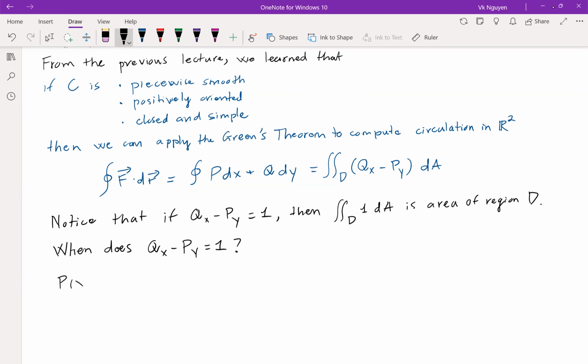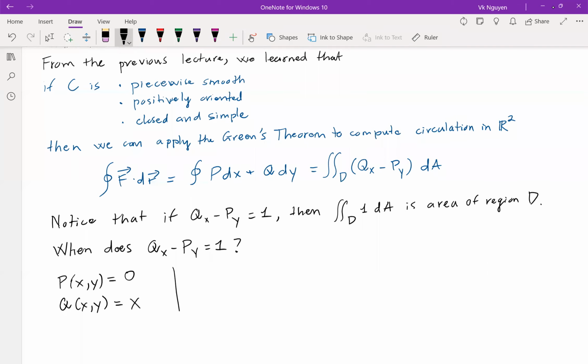P of x,y equals what? Q of x,y equals what? Well, you can just quickly see this, right? You want Qx minus Py to be 1, so that means Q of x,y has to be x, and P has to be 0.